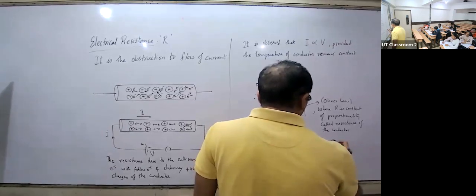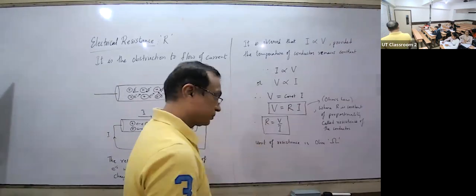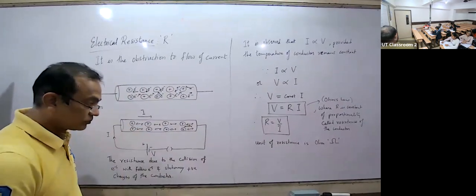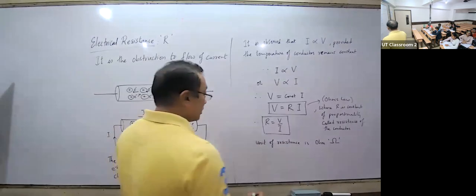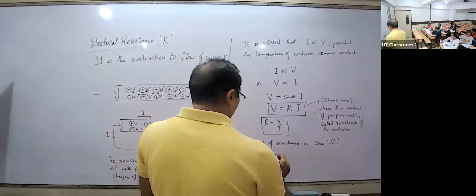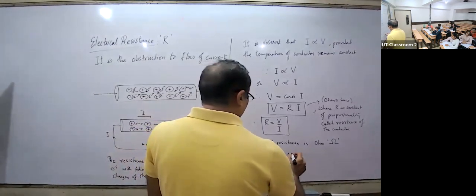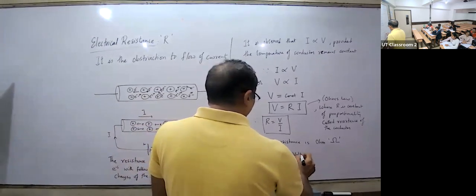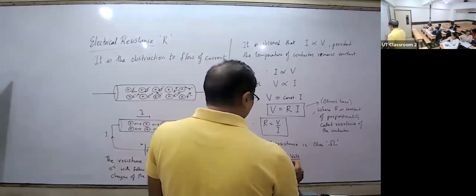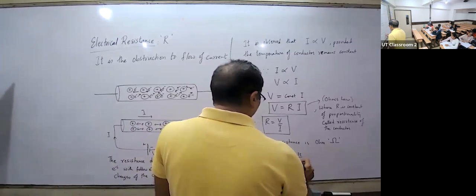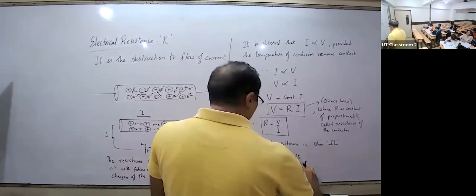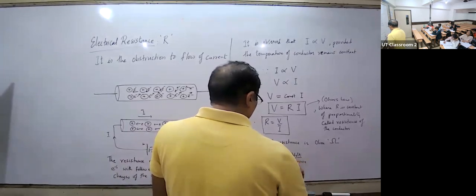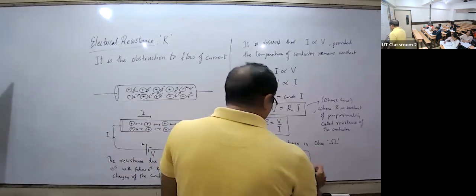Its symbol is omega. So we will say that the resistance of the conductor is 1 ohm when 1 volt applied across the conductor results in a current of 1 ampere.